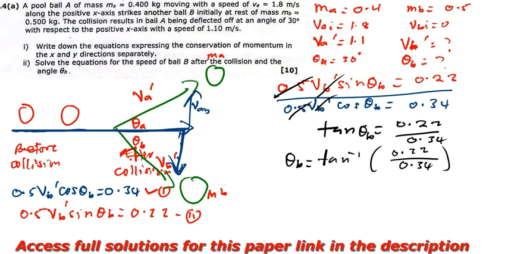So let's see, theta B is going to be equal to shift then tan, open brackets, 0.22 divided by 0.34. So the angle I'm getting is 32.9 degrees, of which I can round it off and say it is 33 degrees.